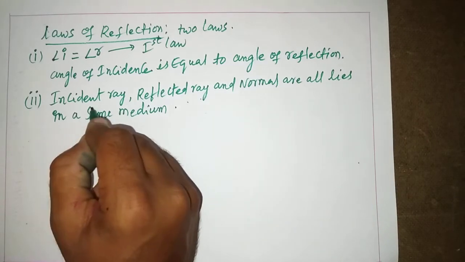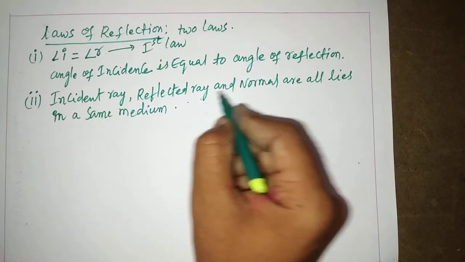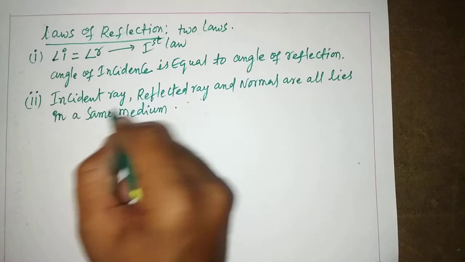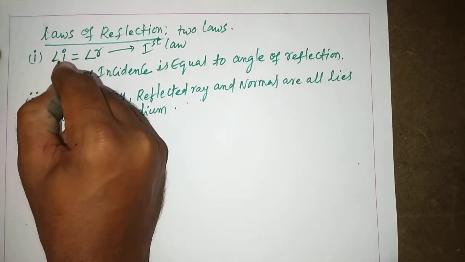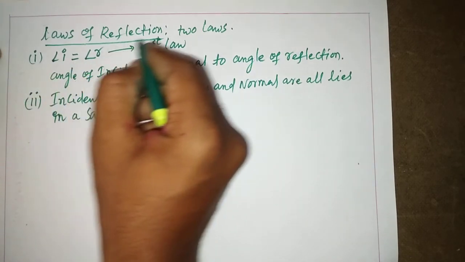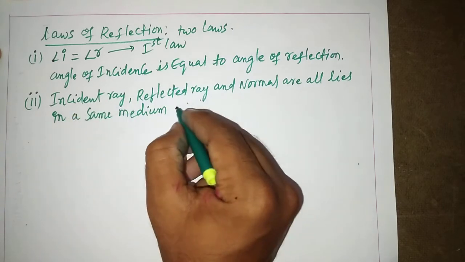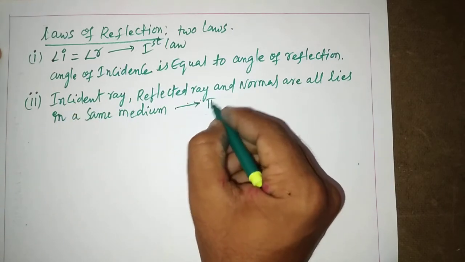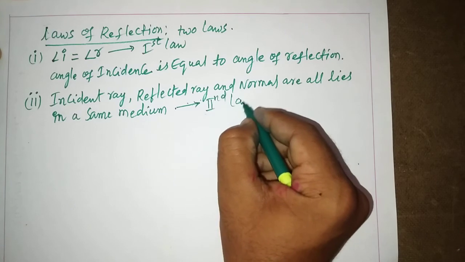It means incident ray, reflected ray and normal all lie in the same medium. Angle I equal to angle R is the first law, and this is our second law.